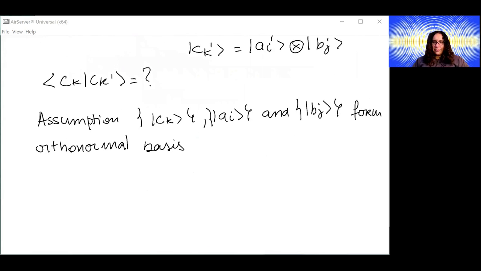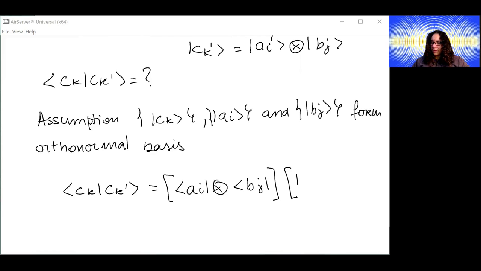So when we calculate this, we're going to have CK dash being AI dash tensor product BJ dash.